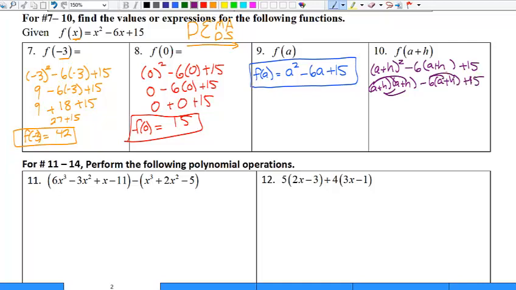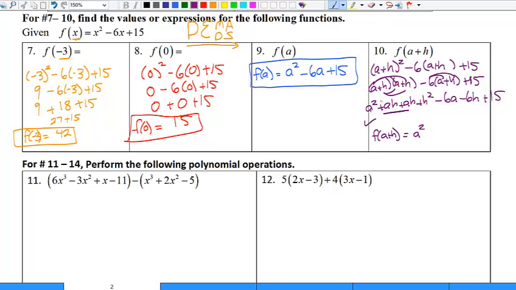I'll distribute the 6 as well. So a times a is a squared. A times h is ah. H times a, that's ah. H times h, that's h squared. Minus 6a minus 6h plus 15. And then these two can combine like terms. So we have f of a plus h is equal to a squared, that's the first one here.